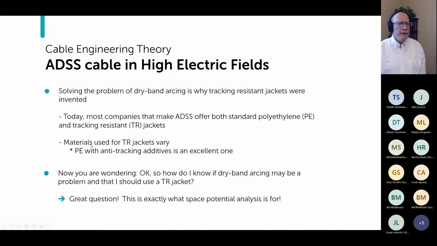The materials used vary. A common one, though, is to take standard polyethylene and add some anti-tracking additives to it, and those work great. So how do I know if I might have tracking and therefore should use a tracking resistant jacket? Well, again, that's the main purpose of this webinar today.